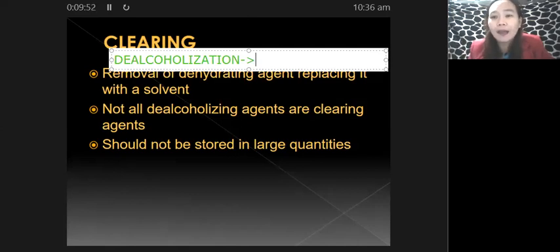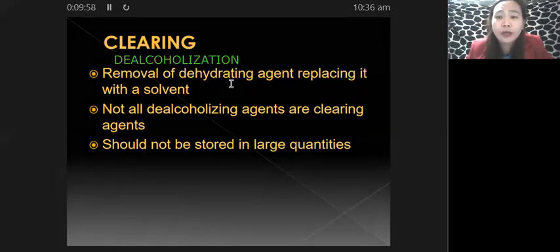Why? Because take note that the reagent that we usually use for dehydration are your alcohols. So basically, if we are talking about your routine process, when we say clearing, the dehydrating agent that we are trying to remove is actually your alcohol.